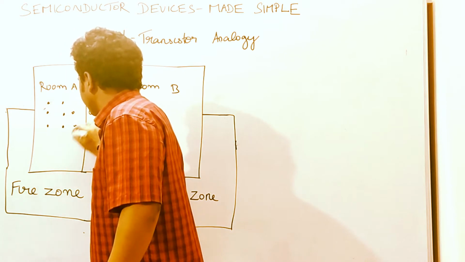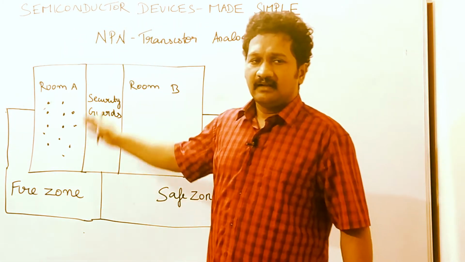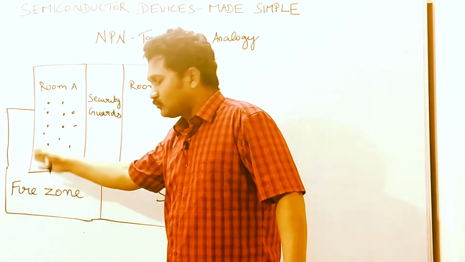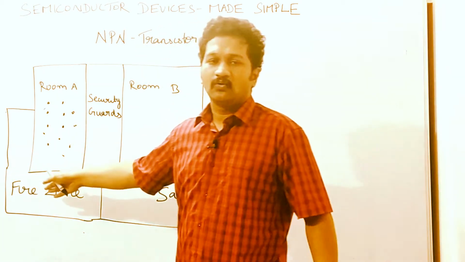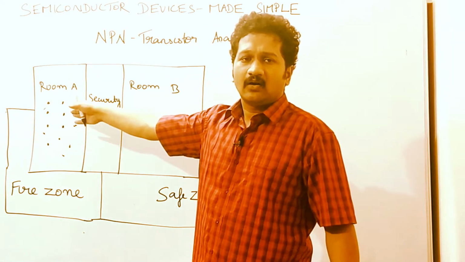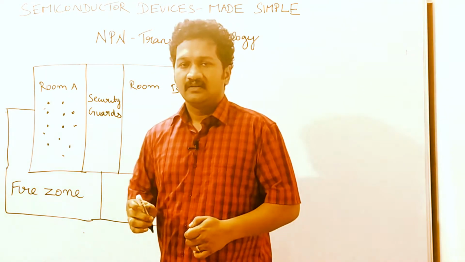Assume that some of the people are even outside this room A, looking where to go due to this fire. In the meanwhile, some people found this room and got into it.